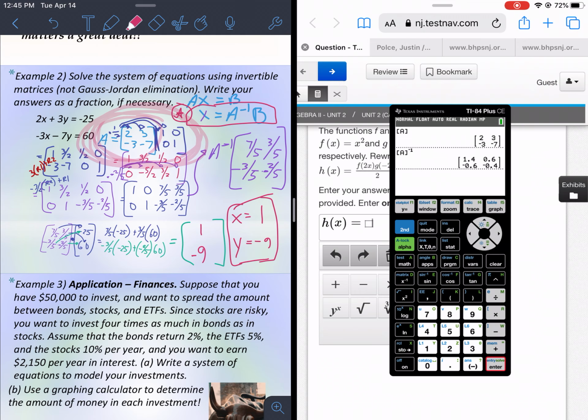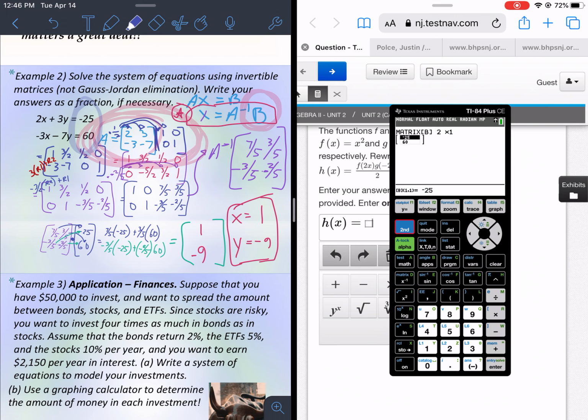So now, recall that our B matrix is the matrix of constants: negative 25 and 60. So let me enter and edit matrix B. Let's make it a 2 by 1 in which the first entry is negative 25 and the second is 60.